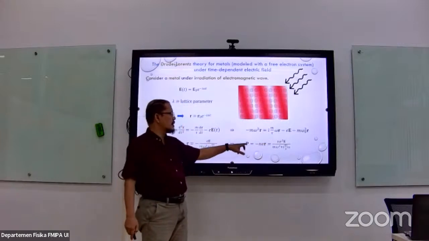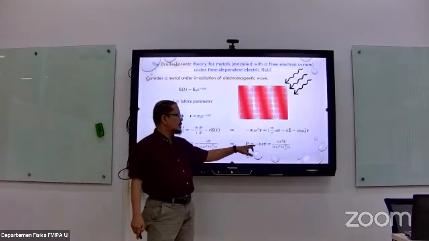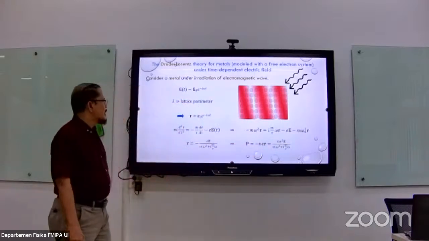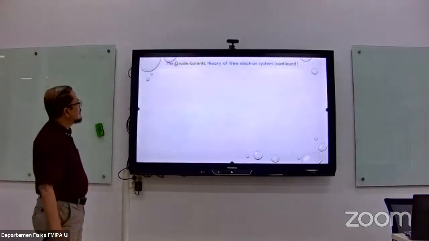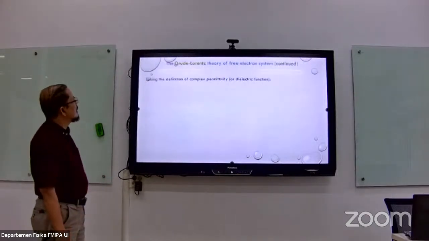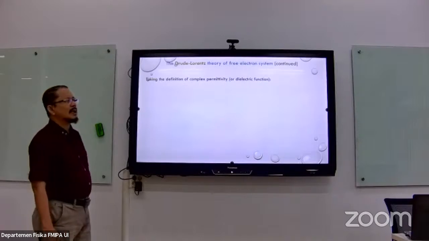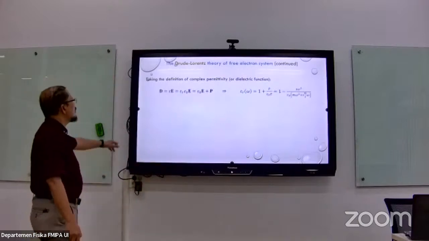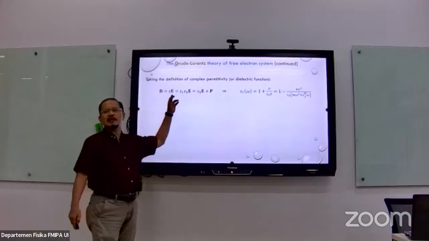The polarization related to the electric field. So here's the issue. Once we know how the electric field induces polarization in the material, then we have the displacement vector.